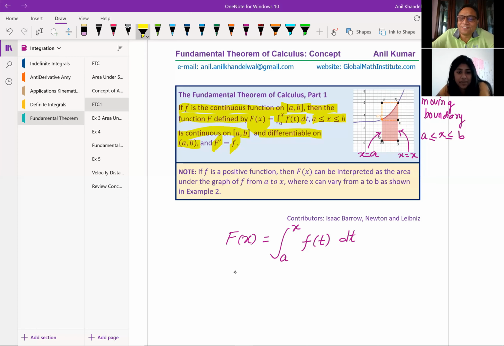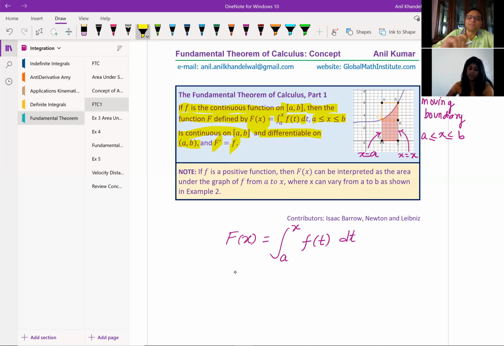So this is your part 1, which really tells you how to find the integral, how to connect this particular integral with the derivatives which you have done. So it connects the two problems, one of gradient and the other one of finding area under the curve.